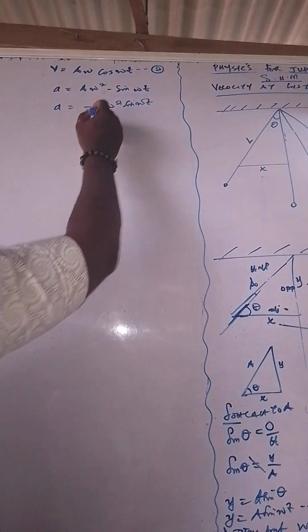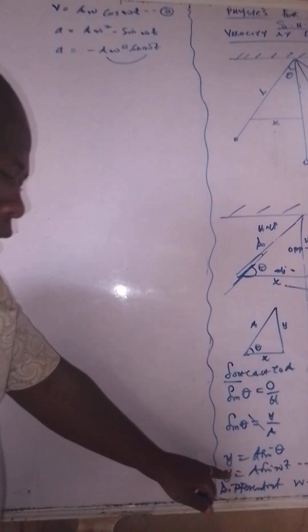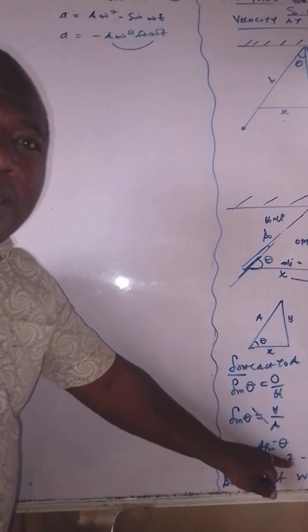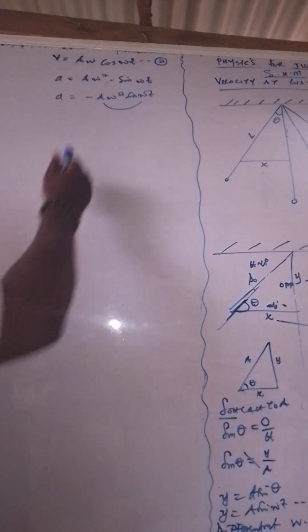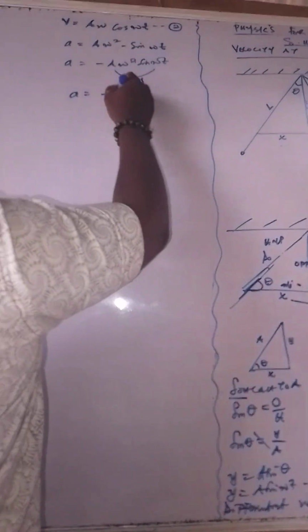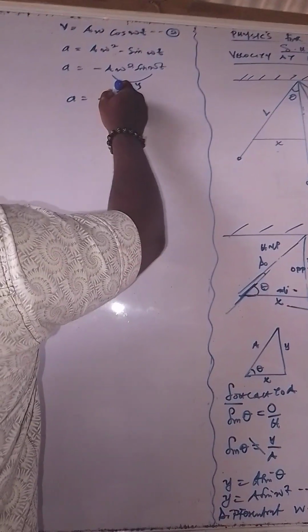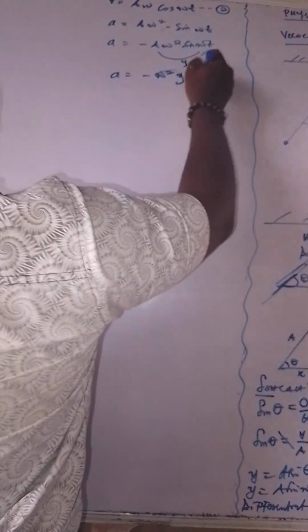So guys, we will say that this A sine omega t is equal to our y, y equals A sine omega t. So anywhere you see A sine omega t, you substitute y. So it means that this is minus omega squared y.